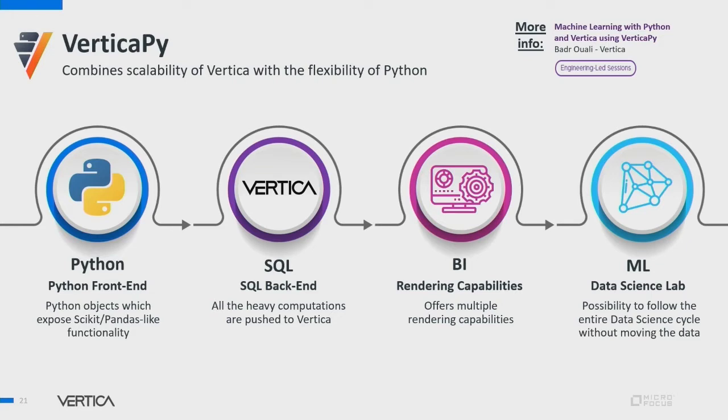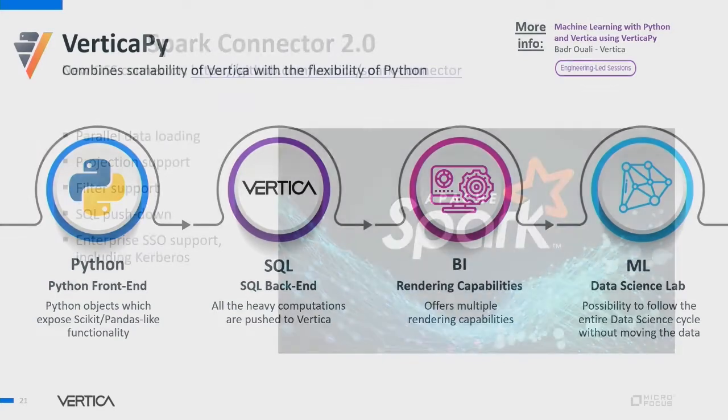So this is the best of both worlds, a Jupyter Notebook, Python front end for the data scientist with the power of Vertica's engine behind the data science process. You can join Badr, the creator of the VerticaPy project, at the Unify session called Machine Learning with Python and Vertica using VerticaPy.